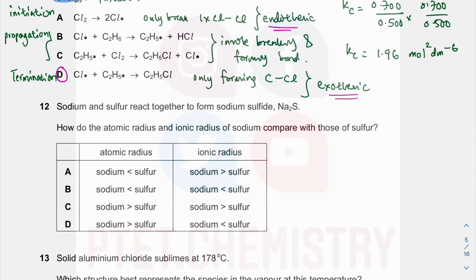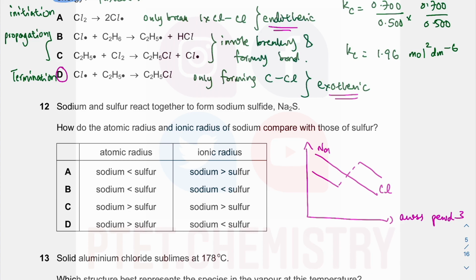Question 12, this is basically atomic and ionic radius. So across period 3, I hope you know the size of an atom from sodium to chlorine decreases. Of course, it's not a linear decrease, but you can have a look at the data booklet. In fact, you should know the trend that the atomic radius decreases that way. And then the cations are smaller, the anions are bigger.